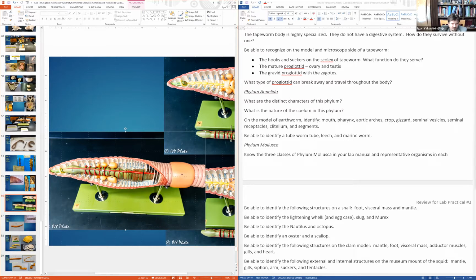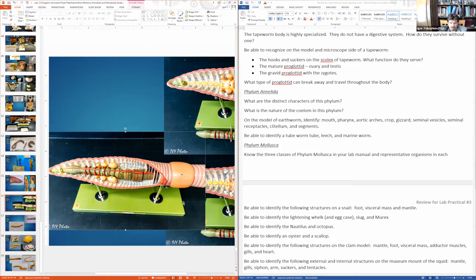The mouth is right here, and this green tube is the digestive tract. This is the aorta, and then we're looking at the aortic arches. The aortic arches are essentially hearts. They have thick walls and pulsate to move the blood. That's pretty much all you need to know.